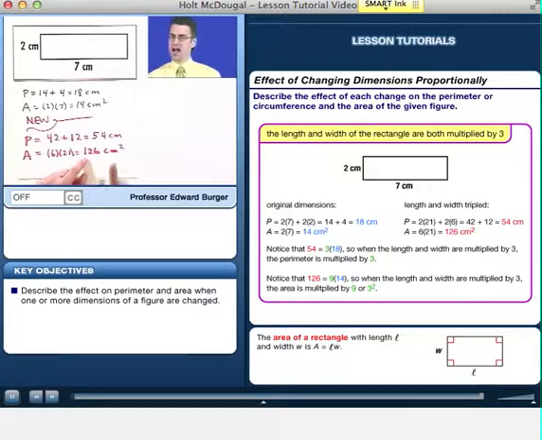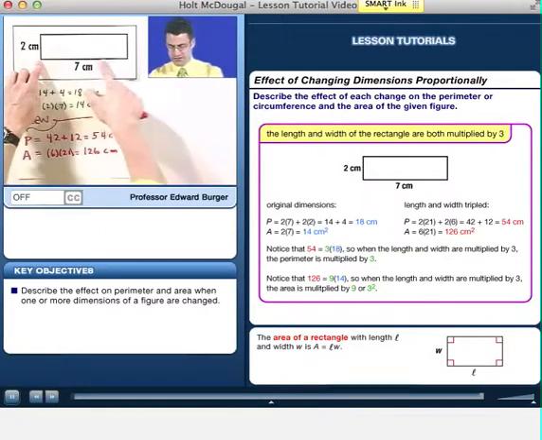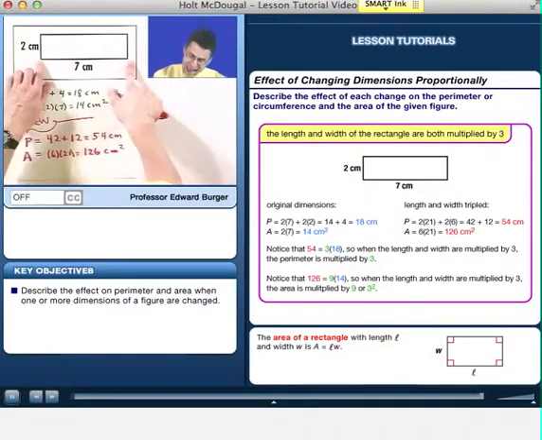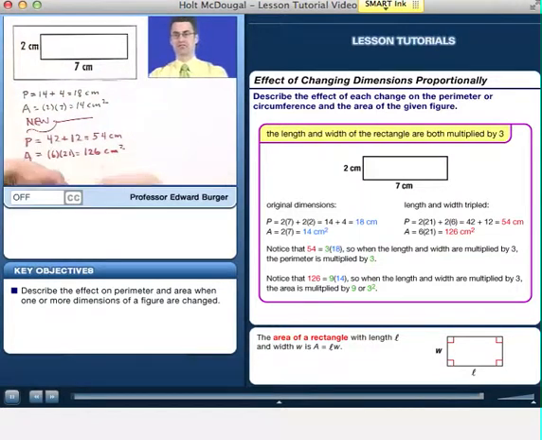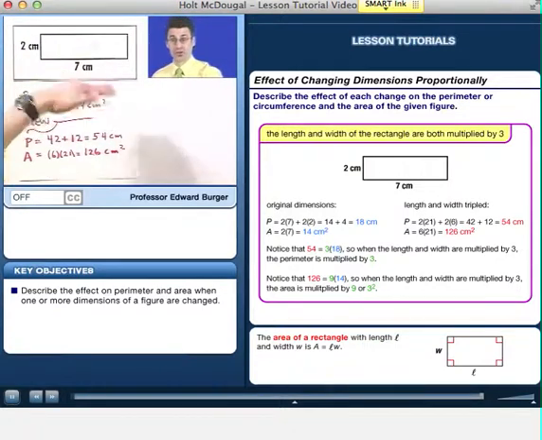And notice that 9 is 3 squared. Why is that? Well, because I have an extra factor of 3 here and an extra factor of 3 here. So when I multiply them, I should have an extra factor of 3 times 3, or 9. And that's exactly what we're seeing. So area is actually going to increase by the square of this multiple factor if we're changing both directions at once. Pretty cool and surprising.